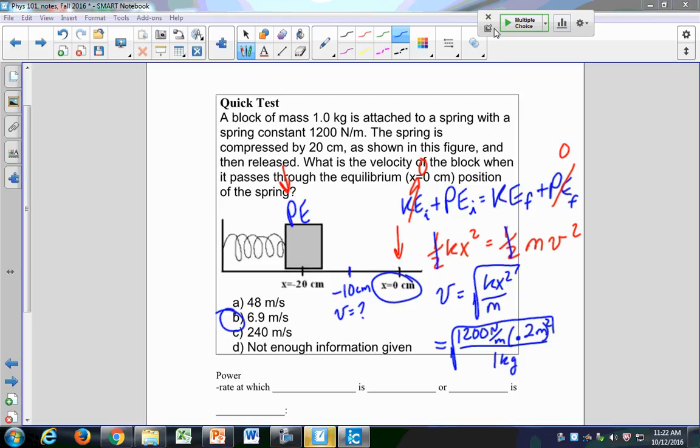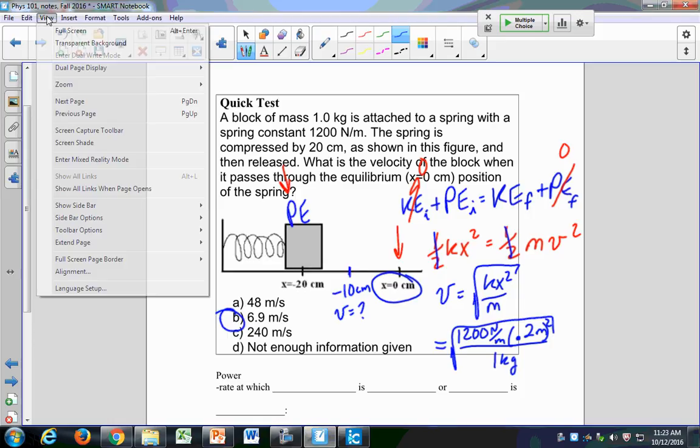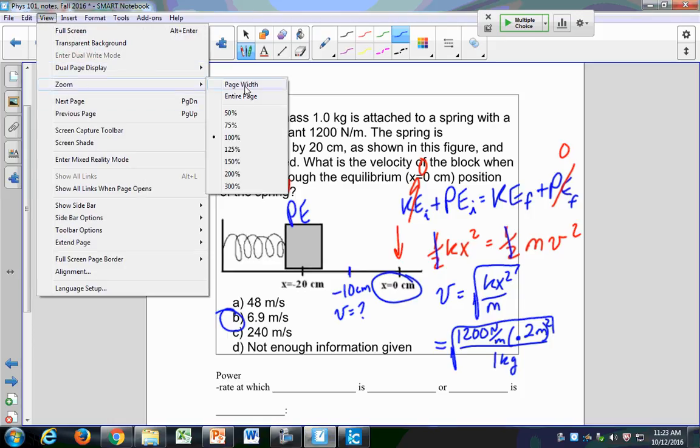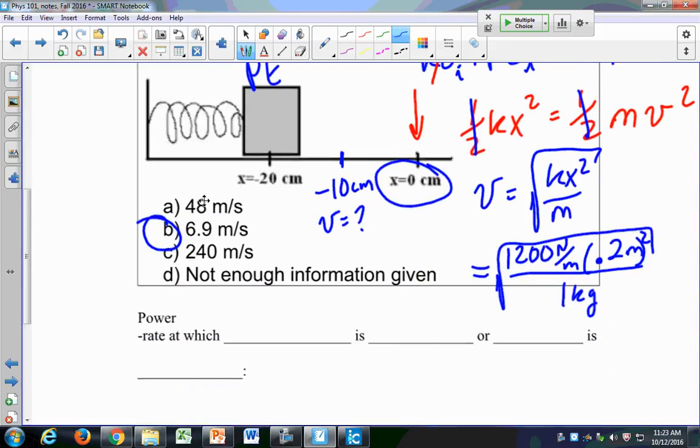Okay, let's look at a different problem that's similar but just a little bit different, where I want to know now what is the velocity at 10 centimeters. What is the velocity at this point right here?